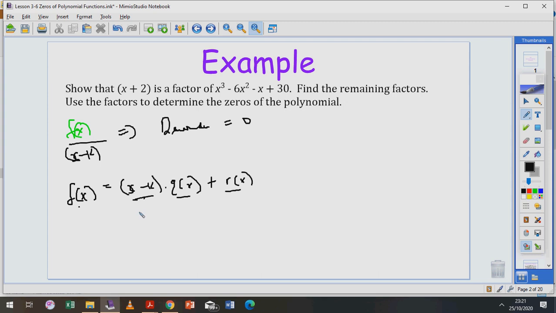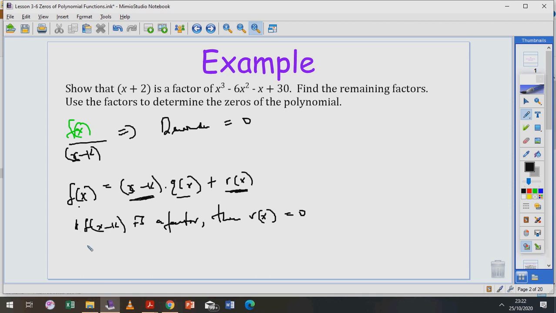Now if this divisor is a factor, then the remainder is going to be 0. If x minus k, the divisor, is a factor, then the remainder is going to be 0. This is what we talked about in the last lesson, last week on Friday.